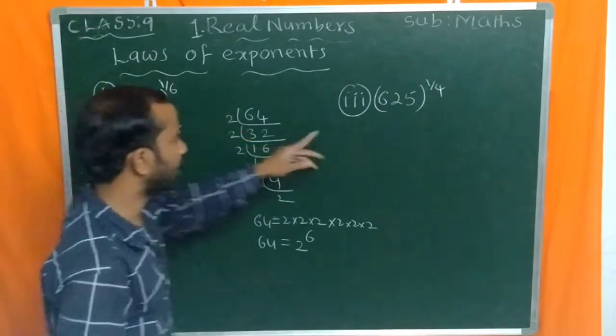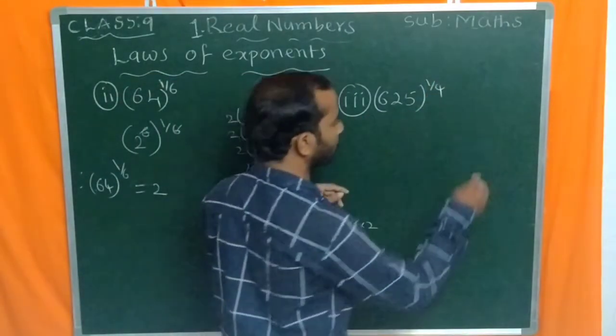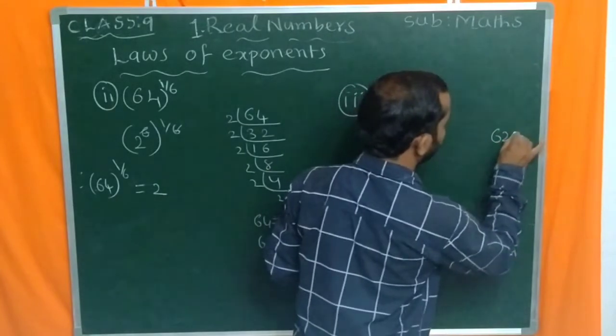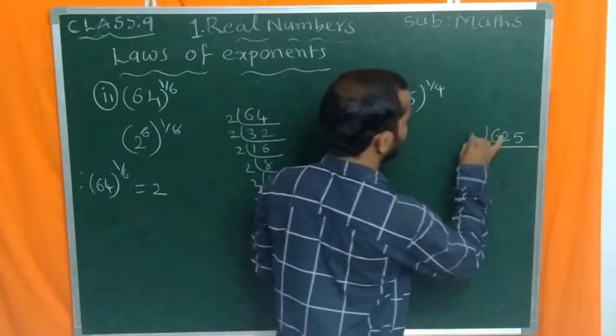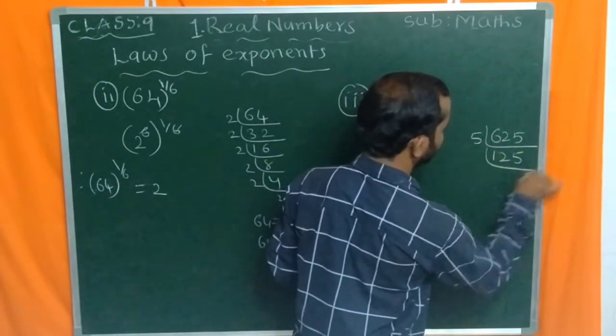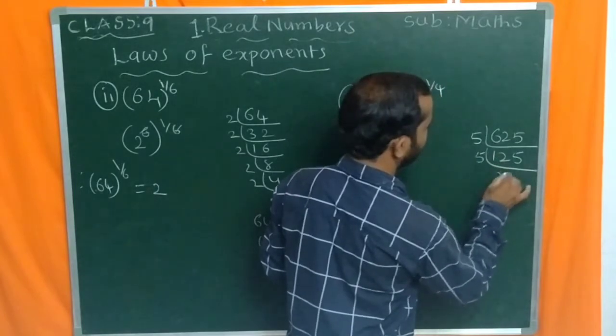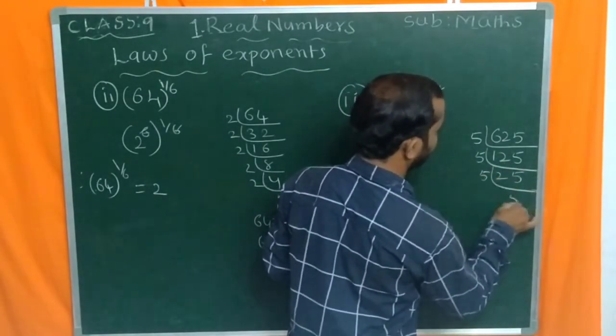Next problem, 625 whole to the power of 1 by 4. 625 can also be written in prime factors: 5 times 125, 5 times 25, 5 times 5.